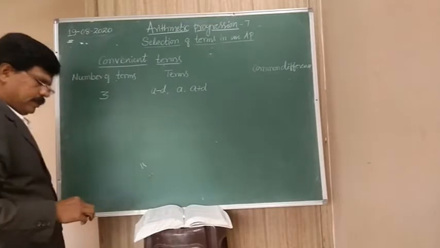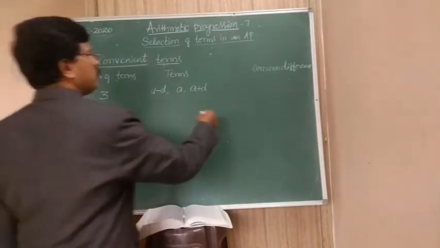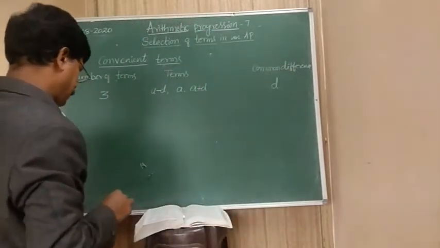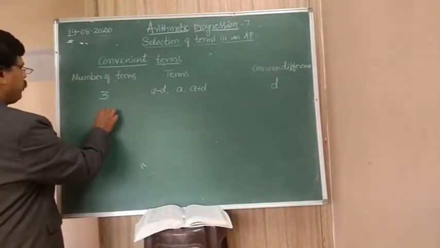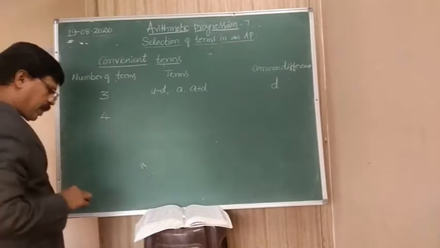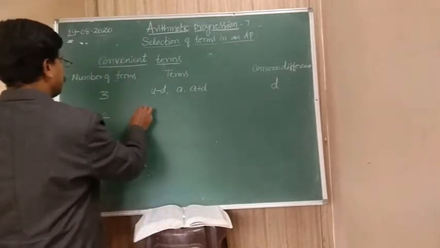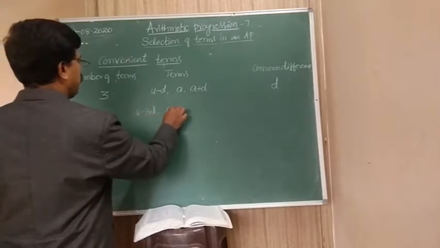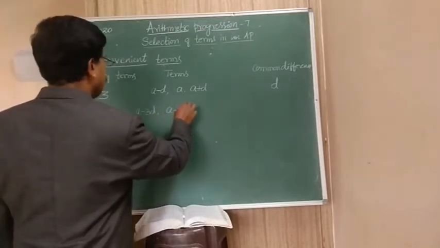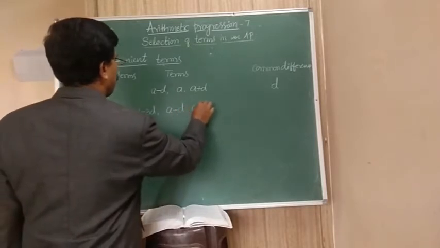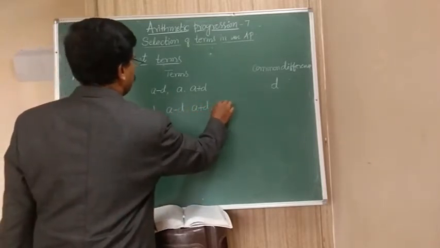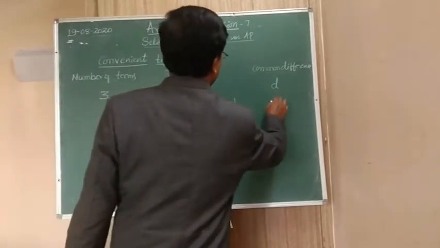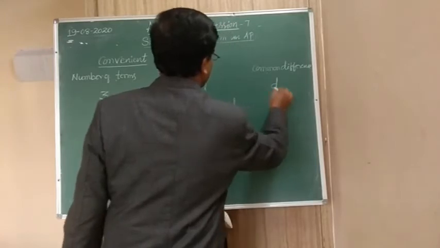Then the common difference is d. If the number of terms is 4, you should take a minus 3d, a minus d, a plus d, a plus 3d. Now the common difference is 2d.